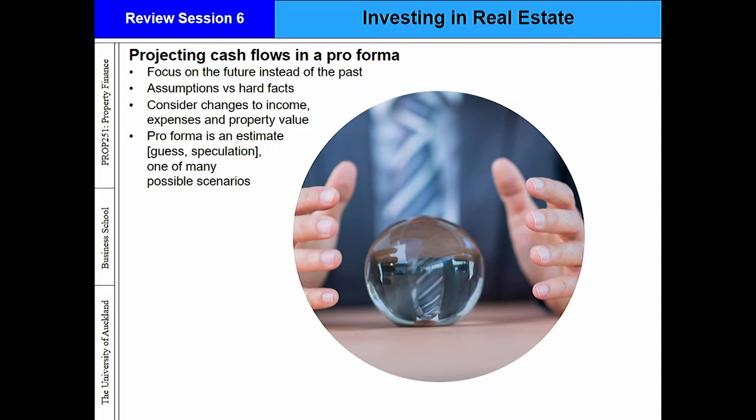And it is possible to have hard facts in pro forma estimation, if you're investing in an asset that's already existing, a building for sale in the CBD that's 100% occupied with leases that have been signed for 10 more years. More or less, it's a fact that you're going to have a building that's 100% occupied for 10 years.